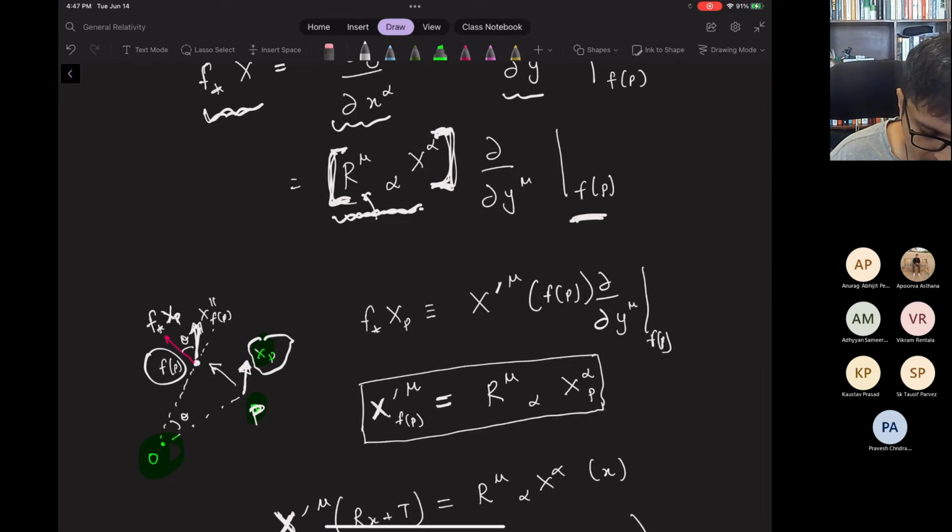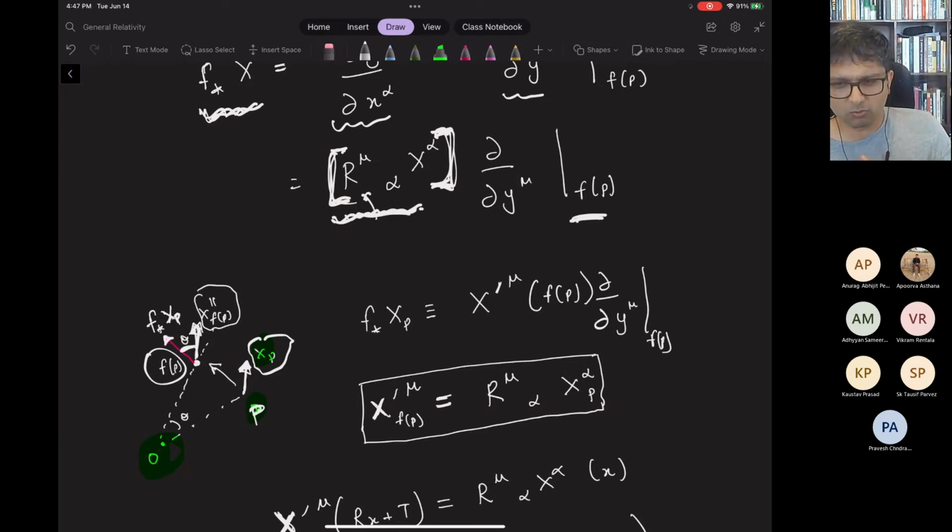These two vectors would be parallel. So this would be what you would get if you parallelly transport. This is x parallel of f of P. But instead, the push forward of x actually rotates x by the same angle theta. So this x itself gets rotated by the same angle theta.